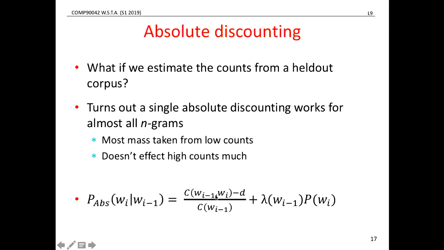If the count is above 0, we're going to subtract off this value d, and then that value d is going to be used in aggregate to decide how much we're going to back off, or how much we're going to interpolate to this lower layer. So the function here, lambda, is going to be a function of this constant d.